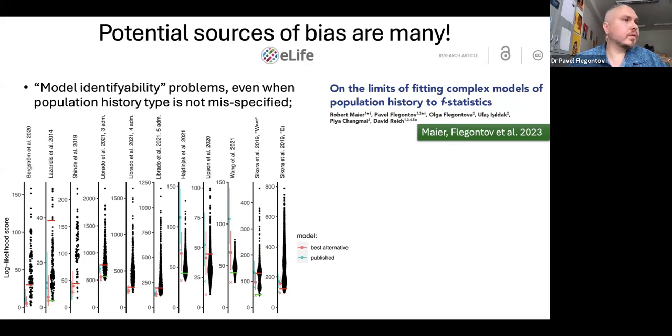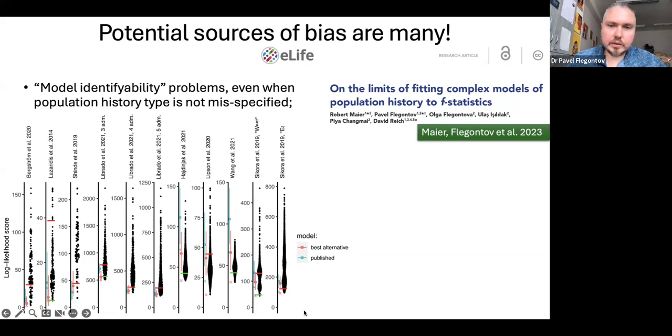So it was not used as just an illustration of a finding that is supported by other methods, but it was actually used for learning something new about population history.